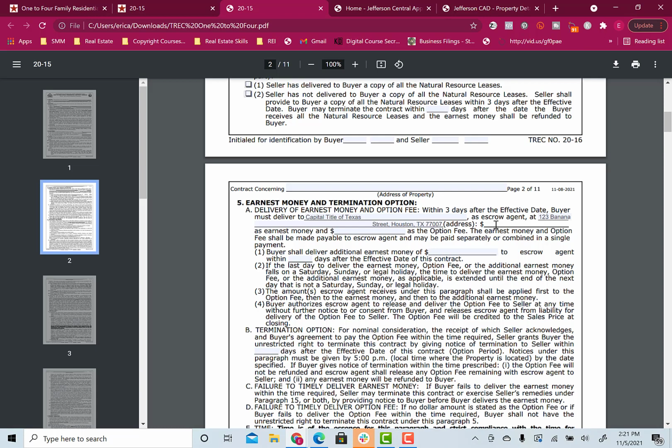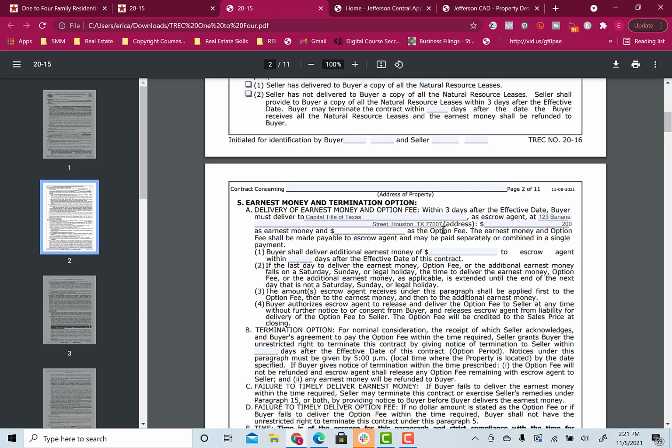But if you're dealing directly with a seller, most of the time you could probably just put $10 or $100, but you want to put something to show you're putting some sort of consideration down. So we'll go ahead and just put $200 here. That's actually 0.1%.